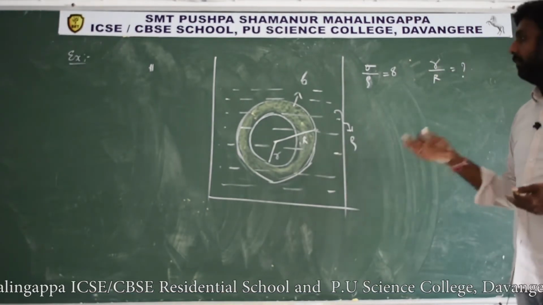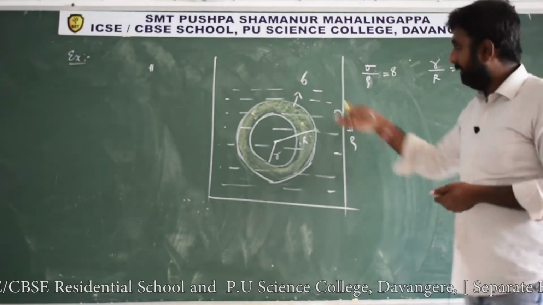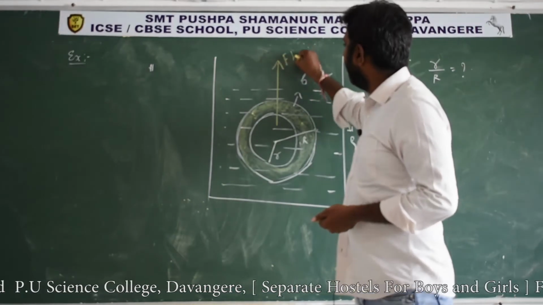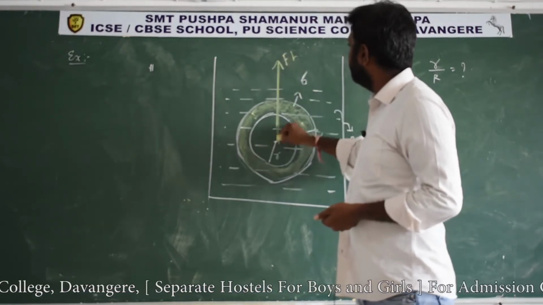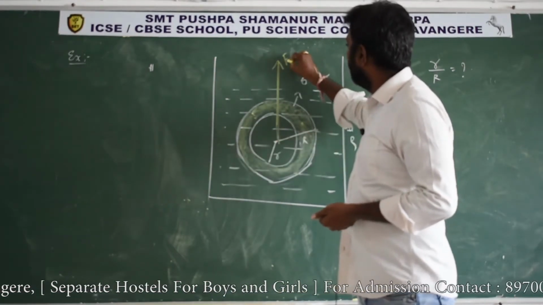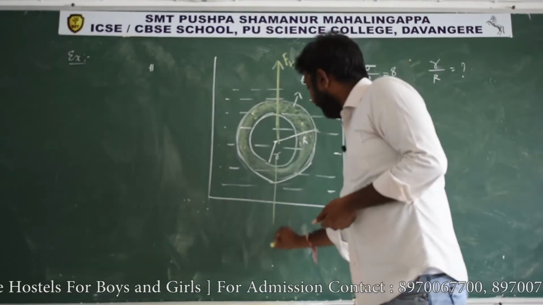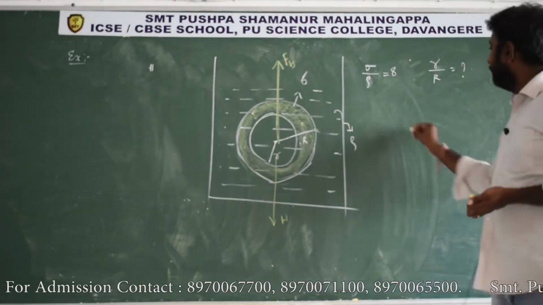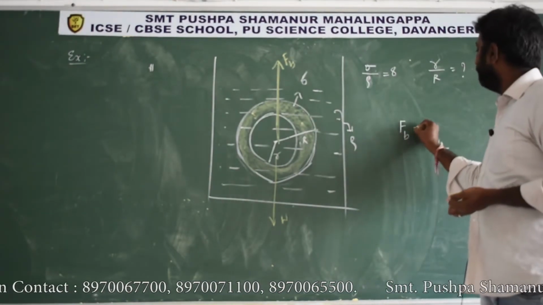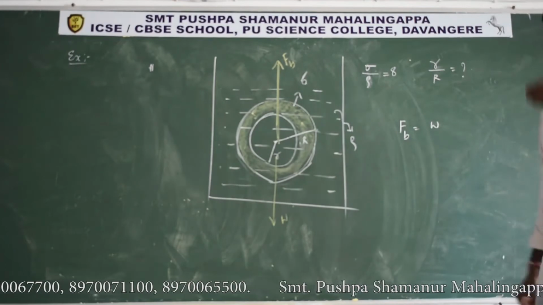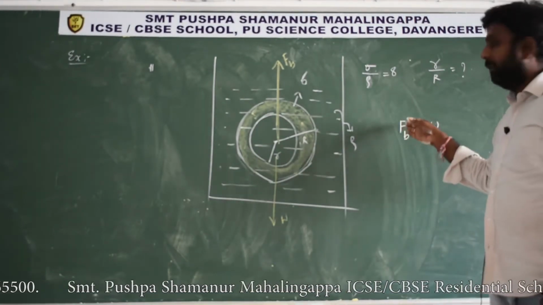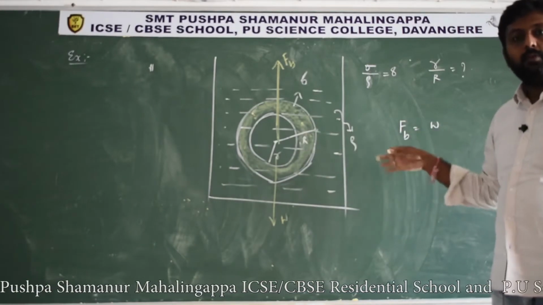So we know that when it is floating, an upward force, a force of buoyancy, will act in upward direction, and then the weight of the sphere will act in downward direction. Floating means we can write Fb is equal to W, right? Then here Fb means force of buoyancy, rho V g.